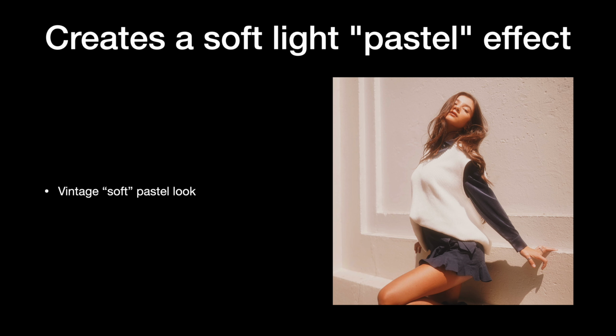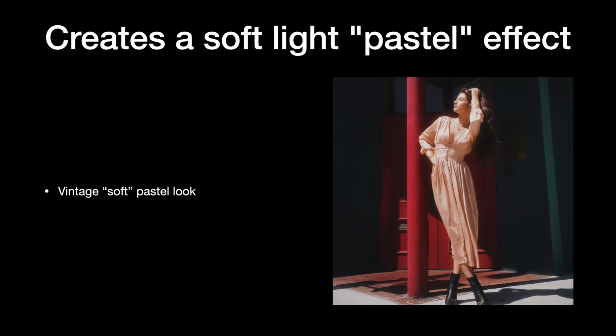And next one is creating a soft pastel effect. You can see the pastel soft color reminds me of vintage film. So you can add a layer of vintage film style to your portrait. The front light and the back light create a totally different look, as you have seen in these sample pictures, and the color as well.